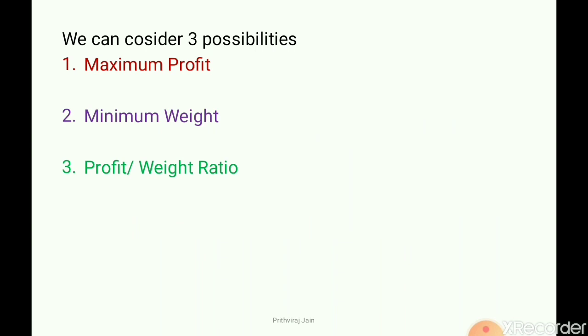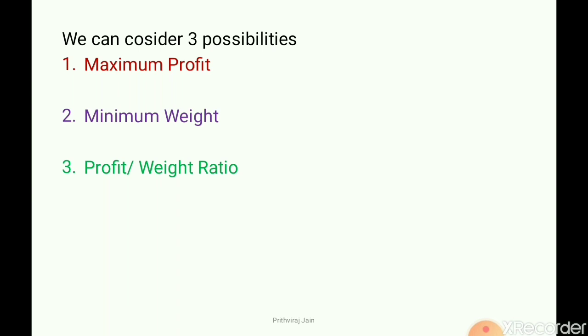We may have three possibilities here. One is we can choose the items with the maximum profit, or we can choose the items with the minimum weight first, or we can choose the items by the profit by weight ratio. These three are the possibilities for selecting the items to add into the knapsack to get the maximum profit.